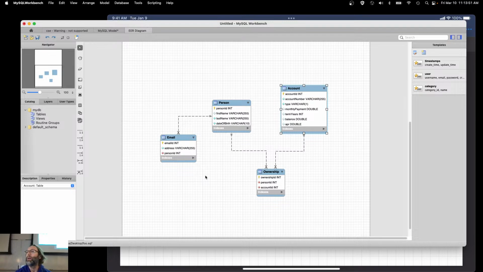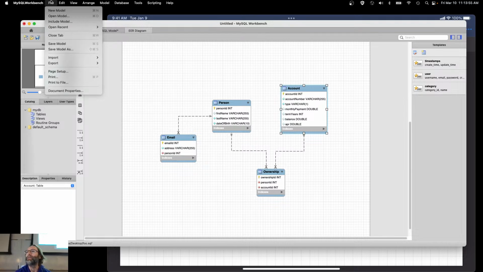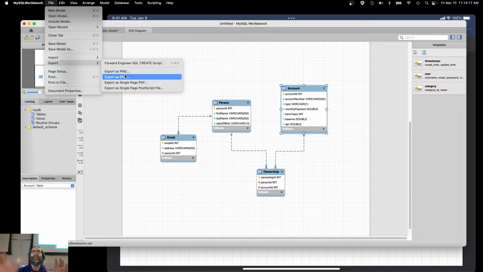Right? Any questions? Oh, by the way, you can export it as a PNG or an SVG. Right? Anybody know what an SVG is? Scalable vector graphics. Right? That is the standard. PNG is just like a static image with pixels and stuff, but SVG is like an actual language that specifies how stuff is done.